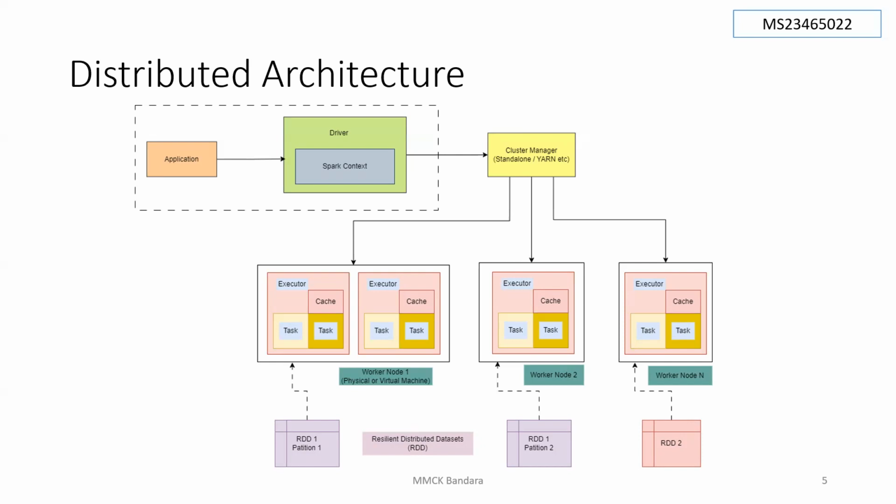On the other hand, RDD is the fundamental logical unit that stores data in Apache Spark. RDD, which means resilient distributed datasets, shall be partitioned into multiple partitions, basically multiple sections, and distributed across the worker nodes.